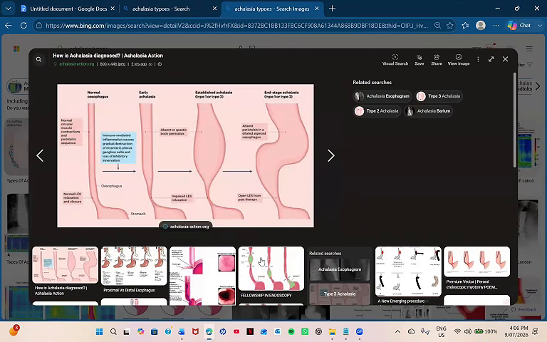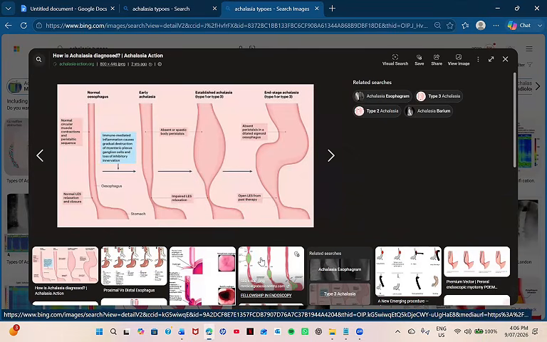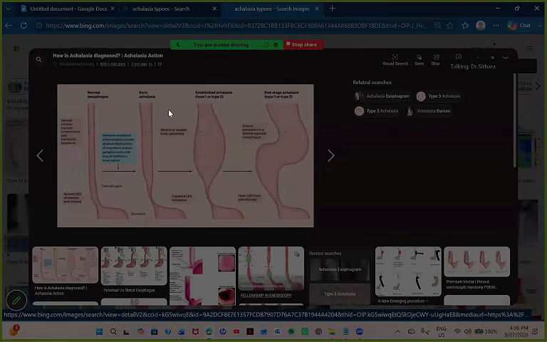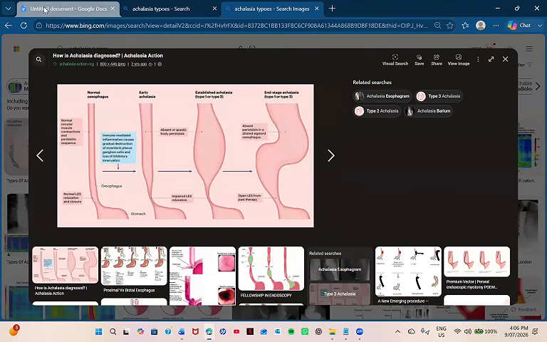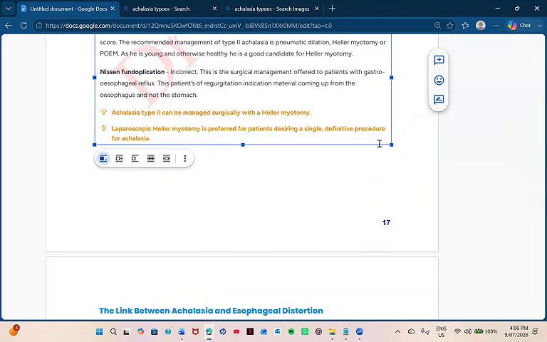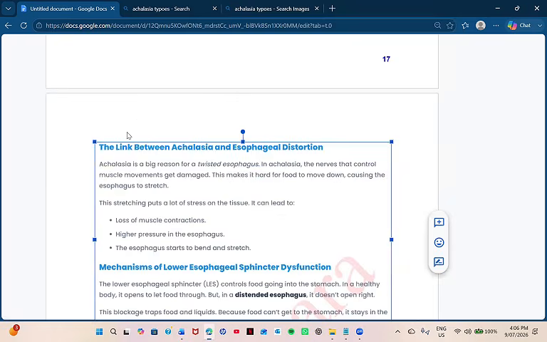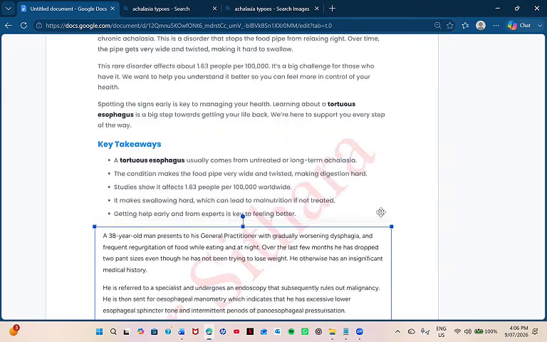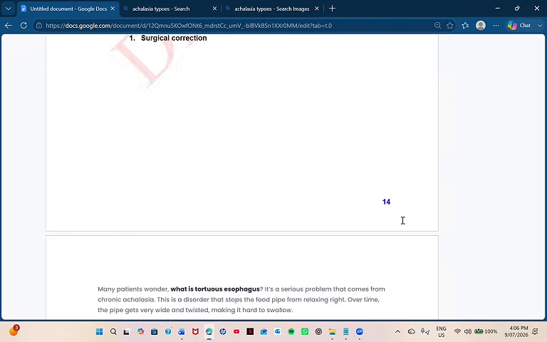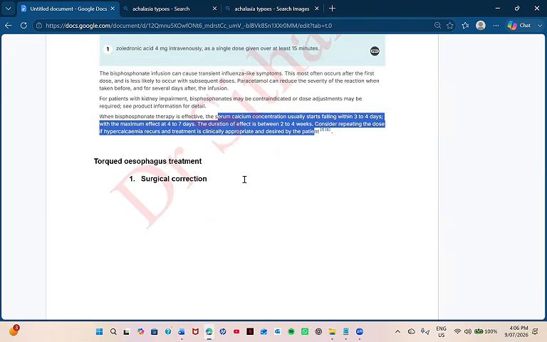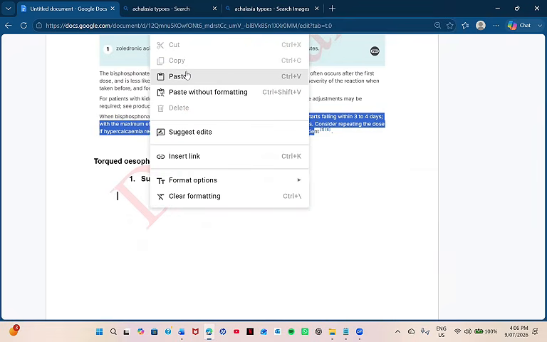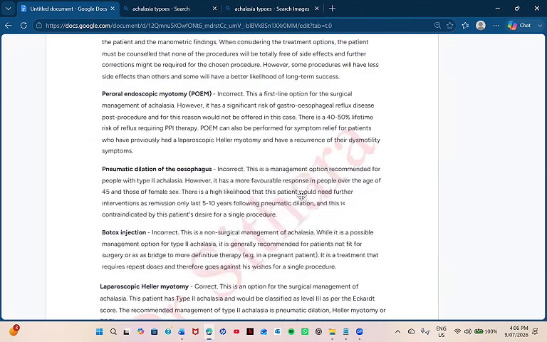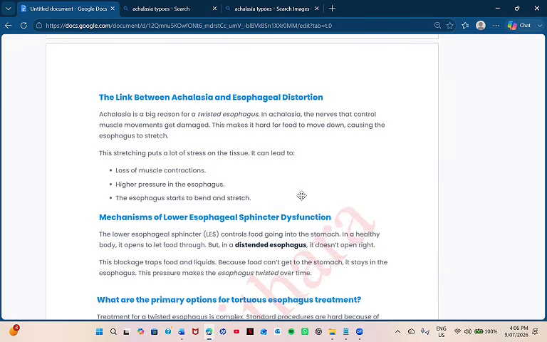Okay, I can attach it to you to get an idea about this treatment and all. Sometimes it's very hard to deal with this. So now I'll attach it here. This is about some treatment for achalasia.